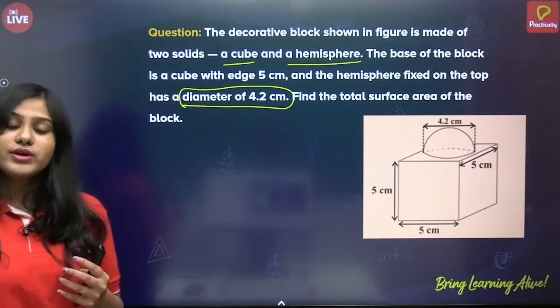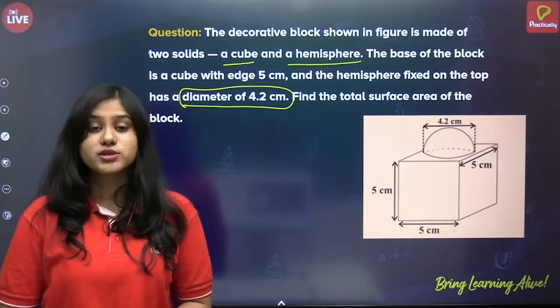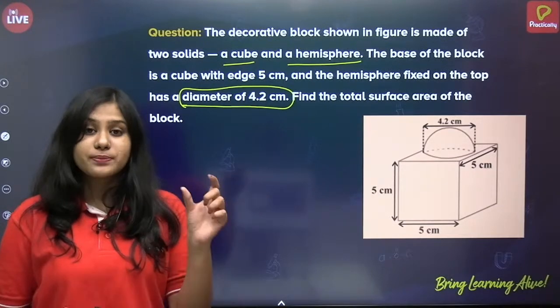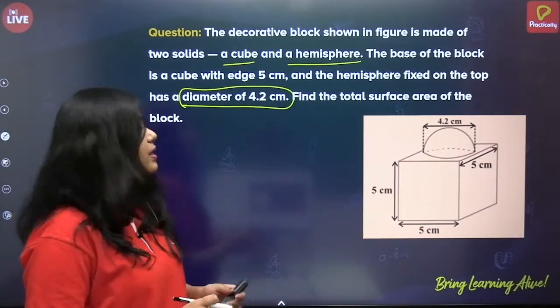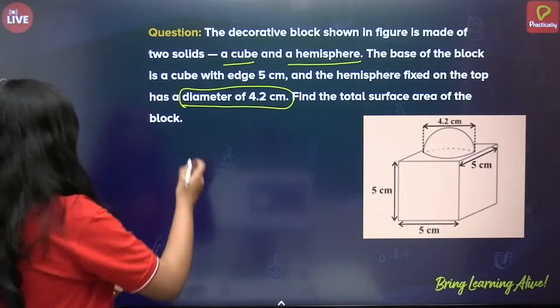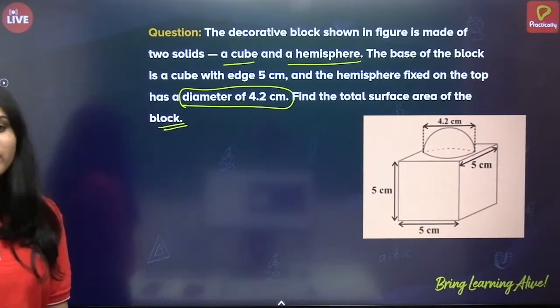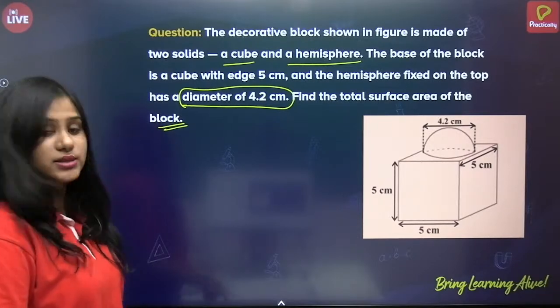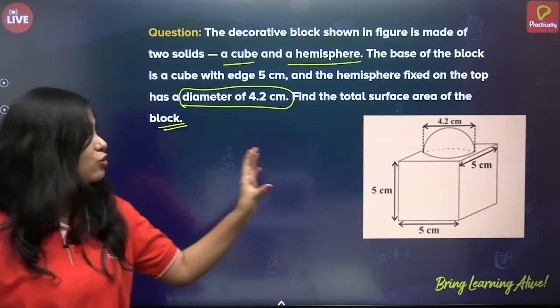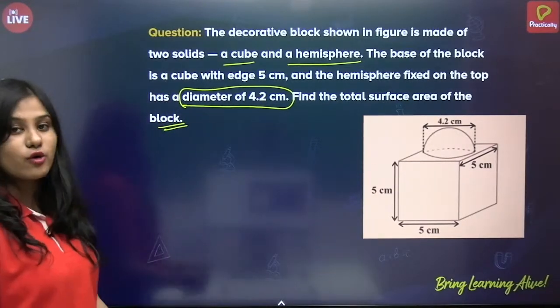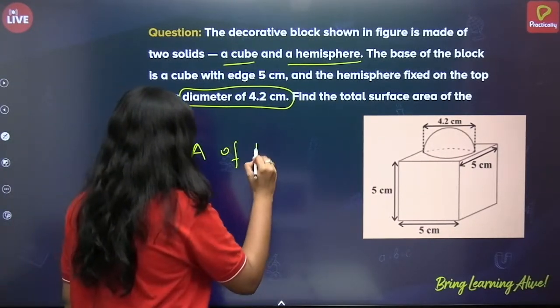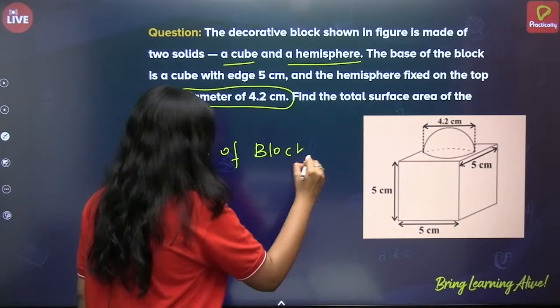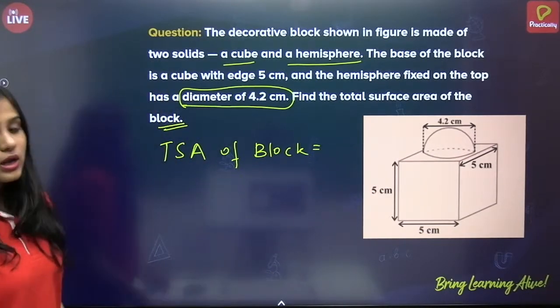So while solving your surface area and volume questions, make sure what parameter is given to you. Is it diameter or is it radius? Okay. Next, find the total surface area of the block. Alright. So first, here's the figure. Now let us decode how to find the total surface area of the block. Okay. TSA of block is equals to, what is it?